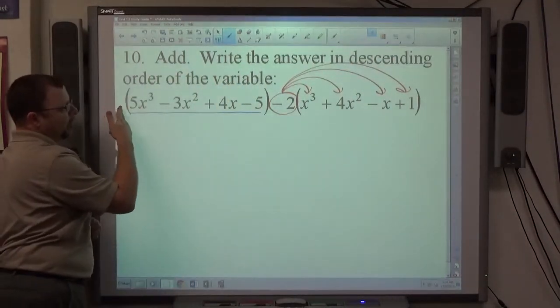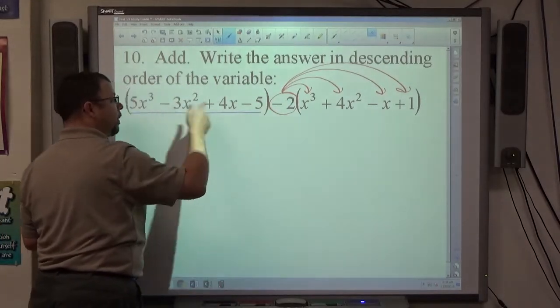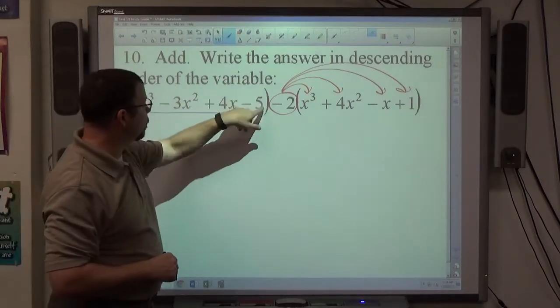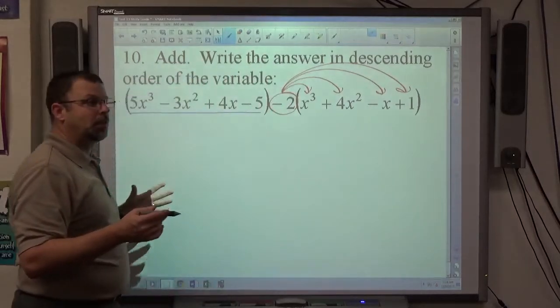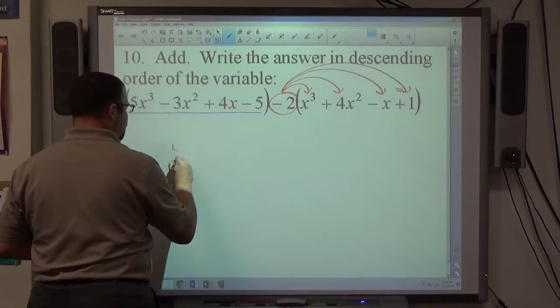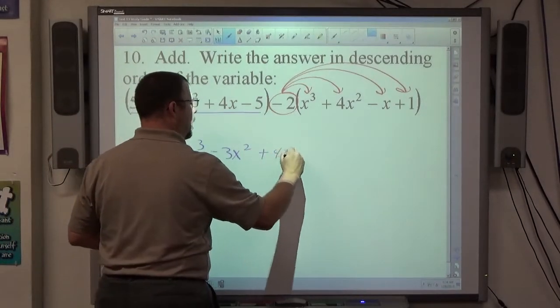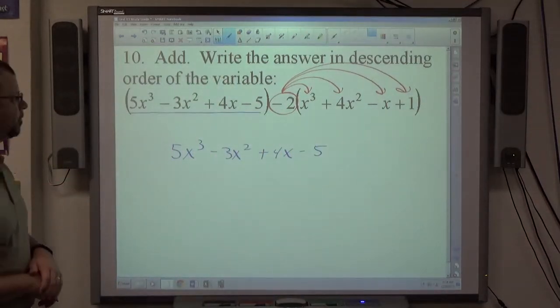There's nothing in front of my parentheses, there's nothing being multiplied by it, so this parentheses is there for effect only. Every power of x cubed, squared, x to the first and constant. They have the same types of letters, so I don't have to do any kind of modifications here. So, 5x cubed minus 3x squared plus 4x minus 5. Just rewrite it as is, in the order that it is.